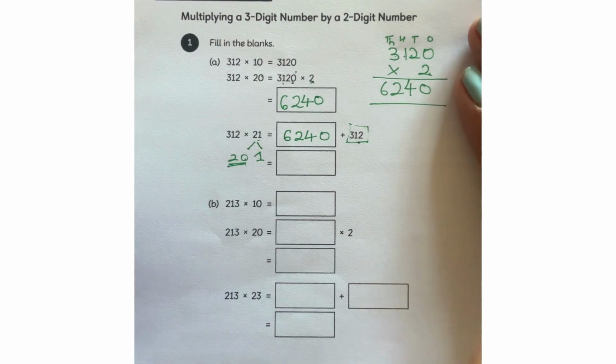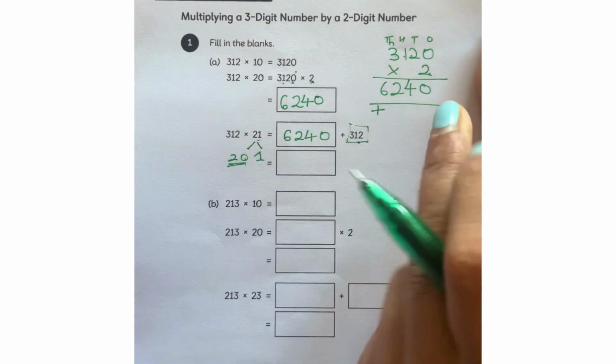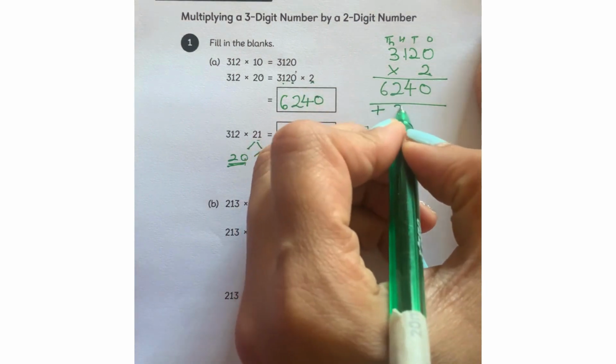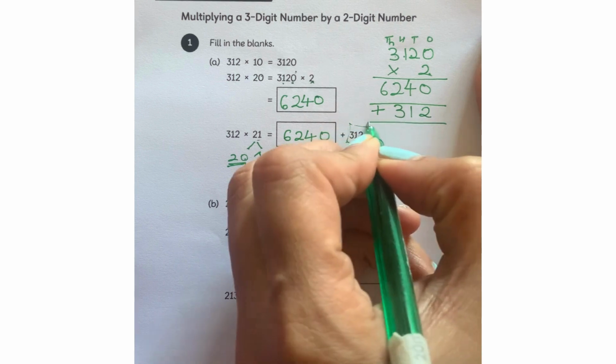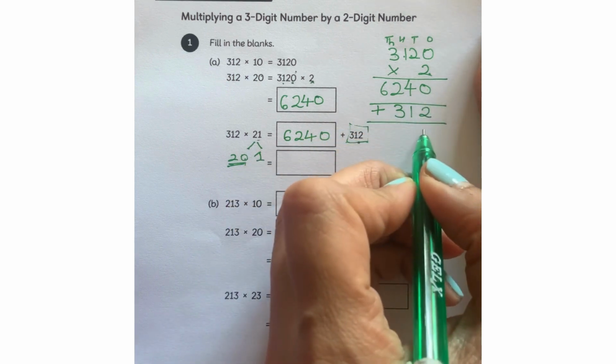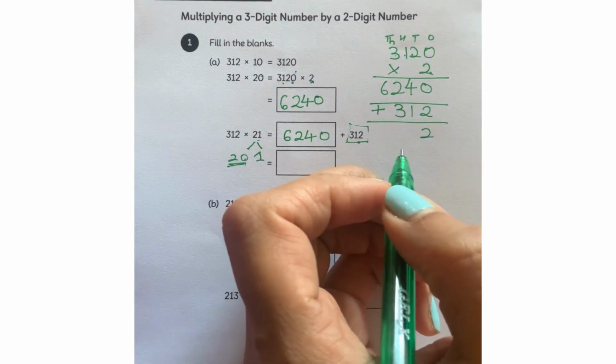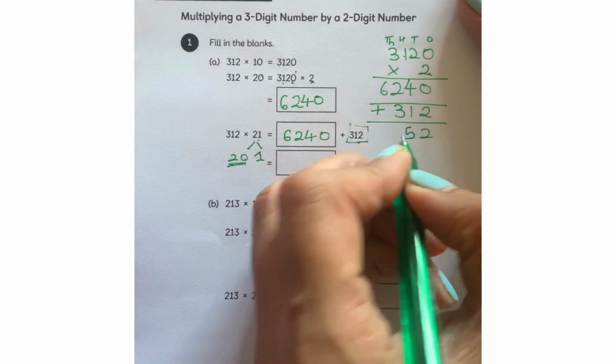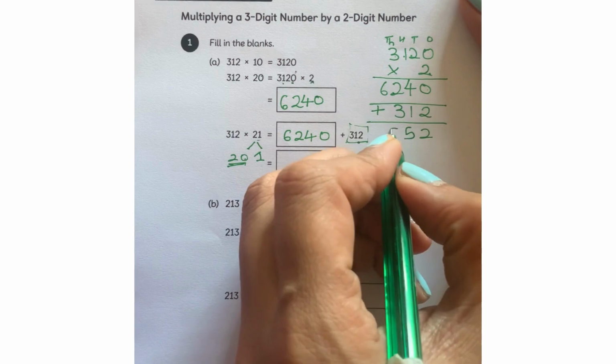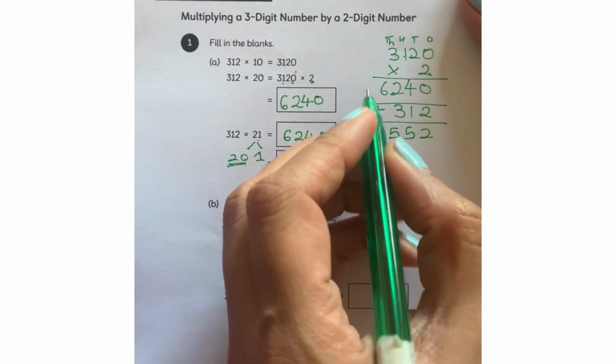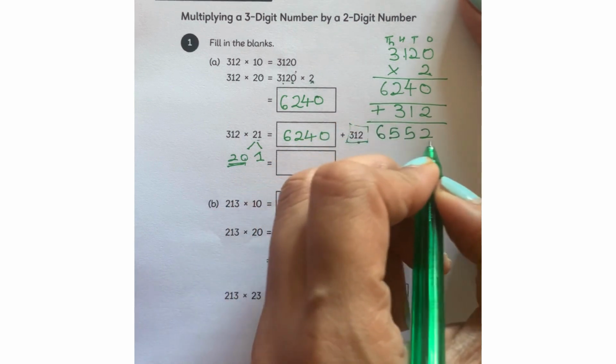Again, let's add now in my rough column. I have 6240 plus 312. 0 plus 2 is 2. 4 plus 1 is 5. 2 plus 3 is 5. And my 6, the way it is, will come down.